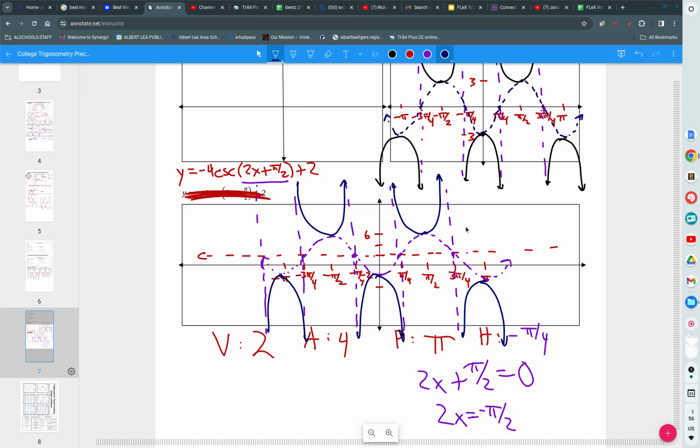Horizontal shift. Yes. How do we know? It's just X. What is this one? It's secant, SEC.